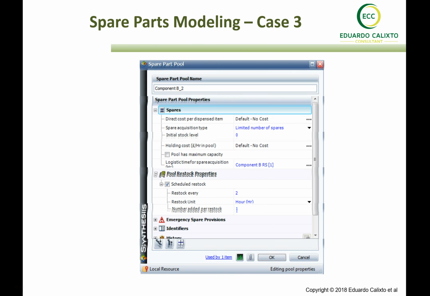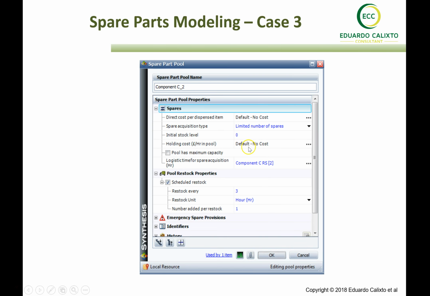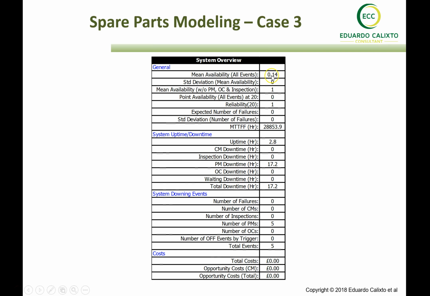Okay, and for component C, again I do not have initial spare parts, so when I have the first preventive maintenance at 3 units of time, 3 hours, I will not have spare parts, so I need 2 hours that will impact downtime, and then I restock 1 unit. So let's take a look at the effects, the high effects on operation availability.